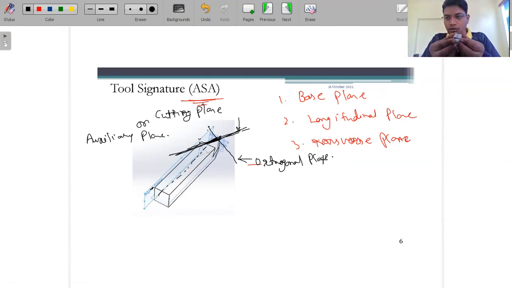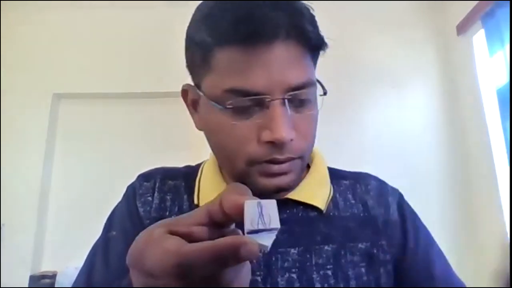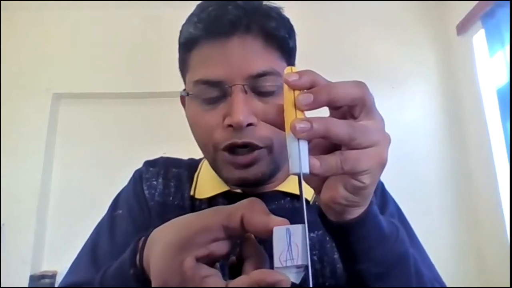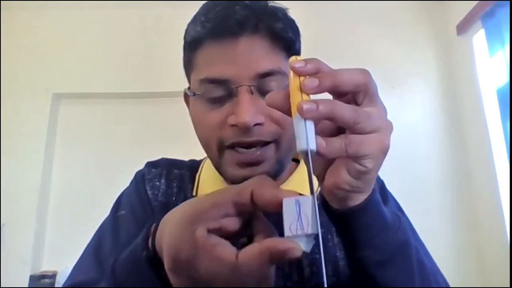Like this is the tool, and we kept the face like this. This is the longitudinal plane in the ASA system.